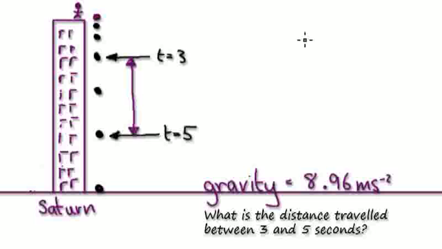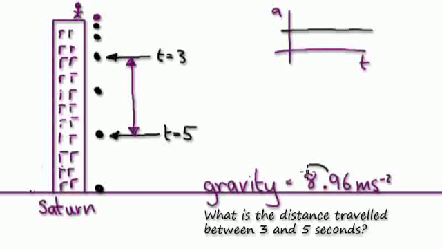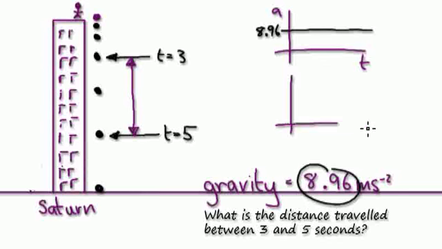Okay. So sketch the three graphs. It will look something like this. The acceleration time graph will be like this. The acceleration is this, so this point is 8.96. And then your speed time graph will be a straight line like this, and this will be y.